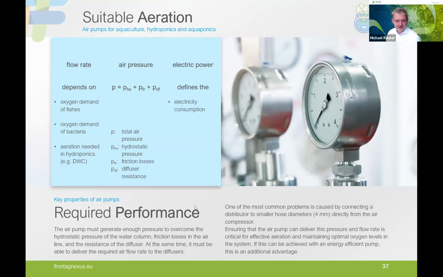Very important, we see here friction loss is an important source of pressure loss for our air pump.